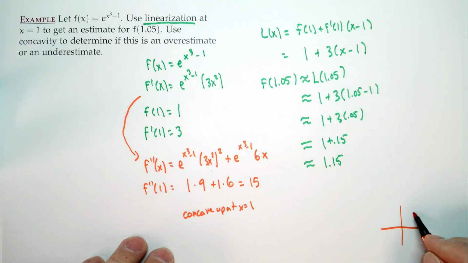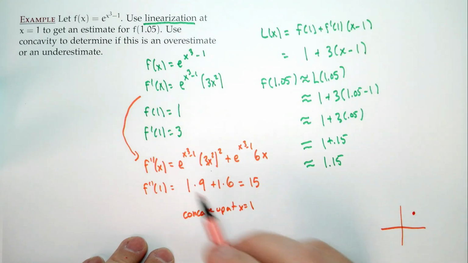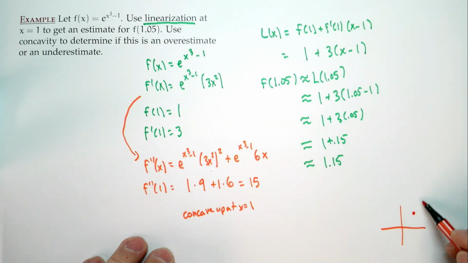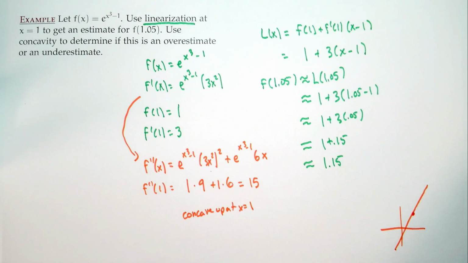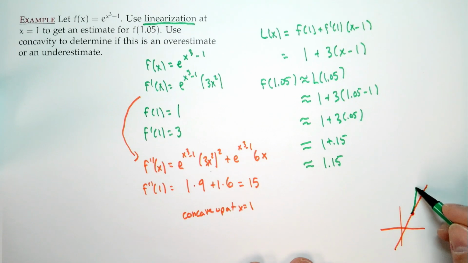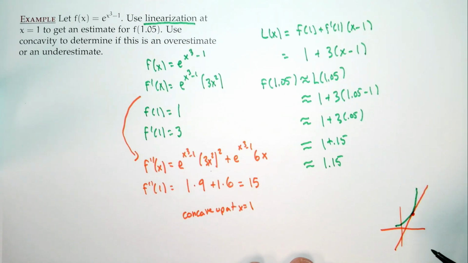See, we pass through the point 1, 1, we have a slope of 3. So our tangent line looks like this. The concave up tells us that the function is going to come up on the upside of the tangent line. So whatever the function does, it's up above the tangent line.